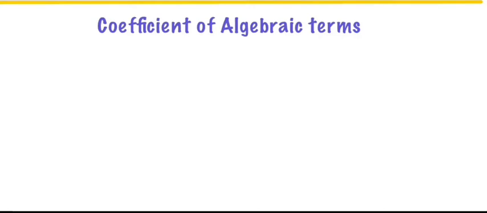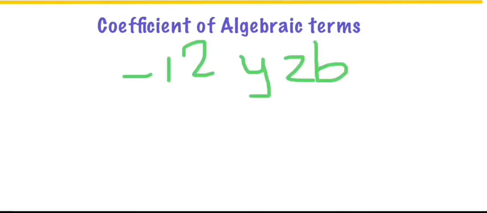Now coming towards the last topic of this video, the coefficient of algebraic terms. Basically, any factor of a term is known as the coefficient of the product of the remaining factors of the term. For example, the question is minus 12yzb. So how can I solve this?